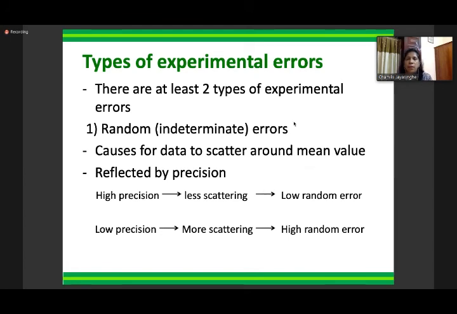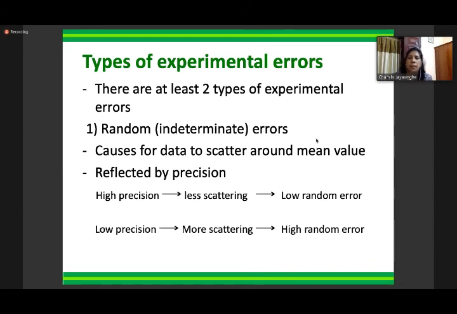But you can get why that plus or minus is coming here.